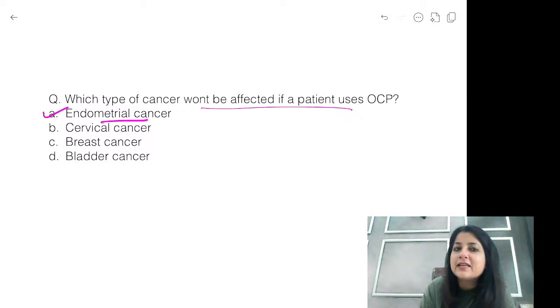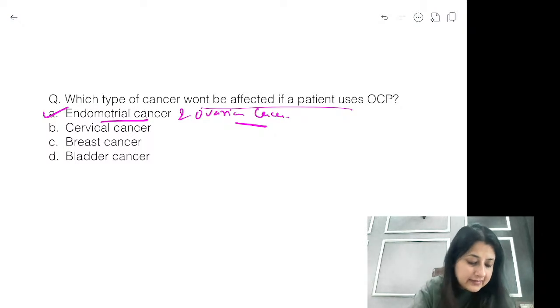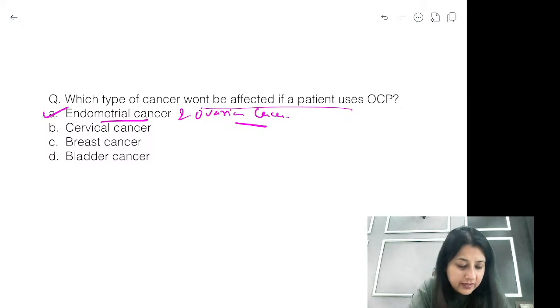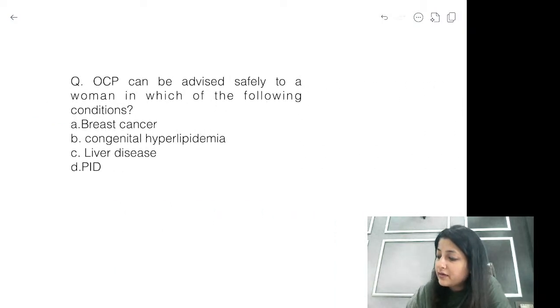For endometrial and ovarian cancer it is protective, right? So why are you answering that over here? I asked which type of cancer won't be affected, and endometrial is not affecting it. So out of the 4 options, why not go with endometrial? Okay, let's go to the next question.